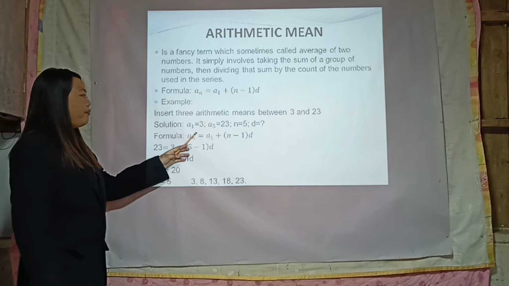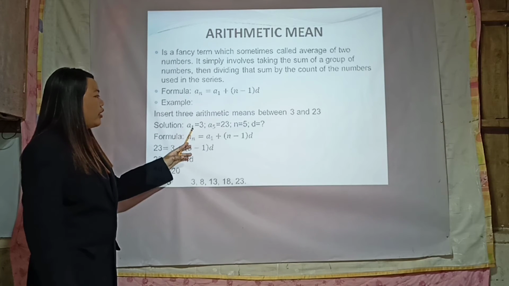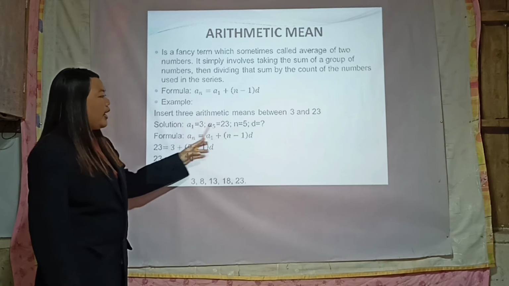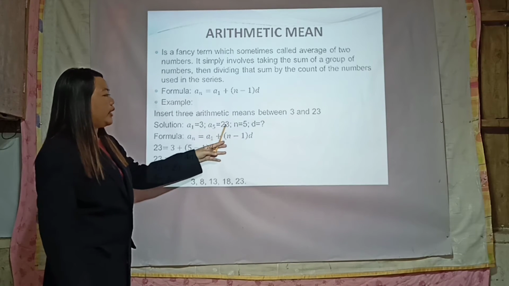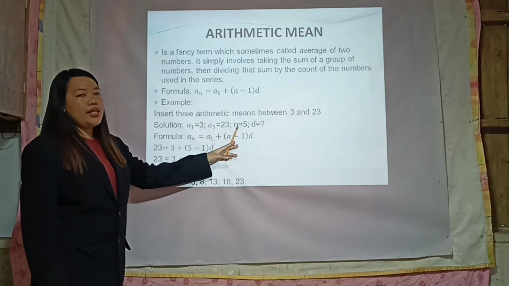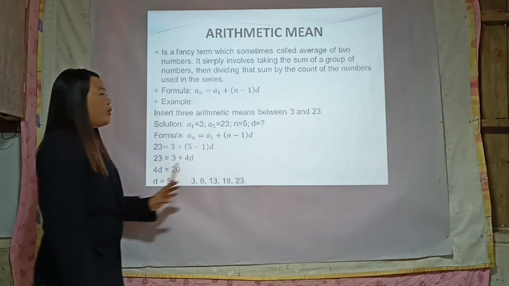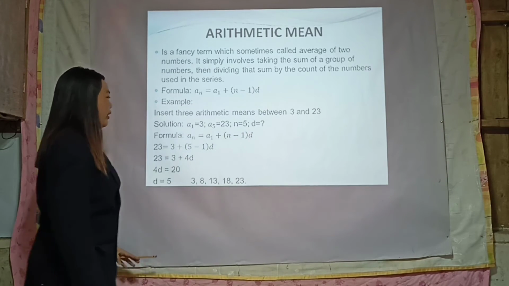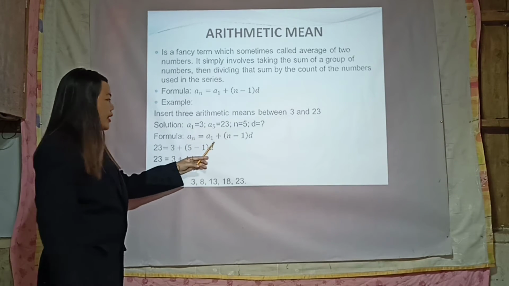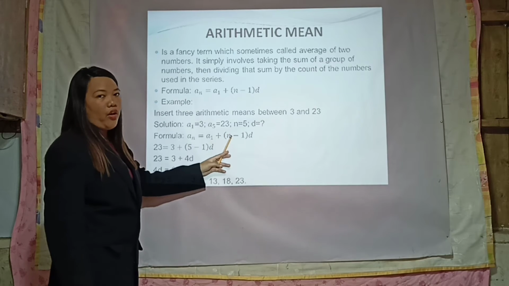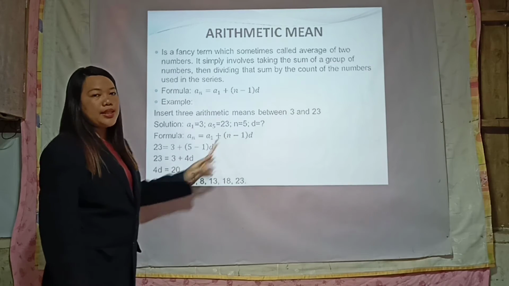So solution. The a sub 1, or the first term, is 3 and a sub 5 is equal to 23. Then n is equal to 5 and we will find the common difference. So formula, a sub n is equal to a sub 1 plus the quantity of n minus 1 times d.